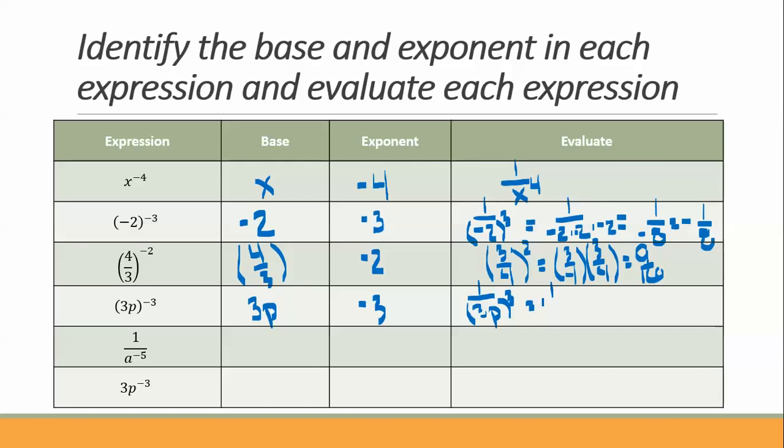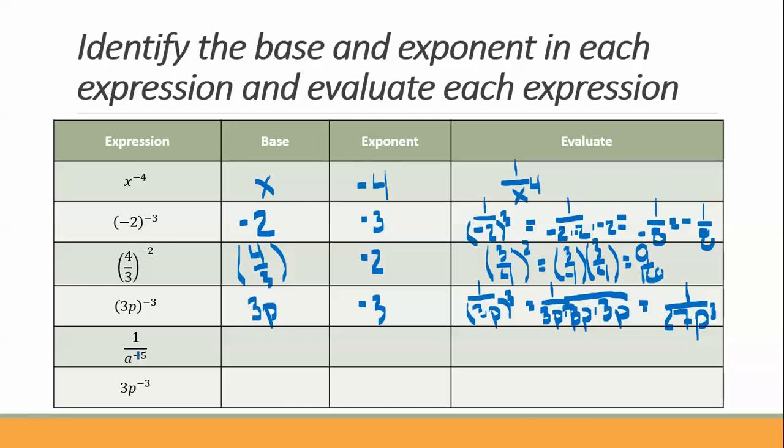So that's 1 over 3p times 3p times 3p, which is equal to 1 over 3 times 3 times 3 is 27, and p times p times p is p cubed. And I can switch the order because we have the commutative property.